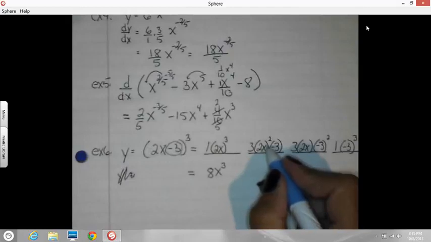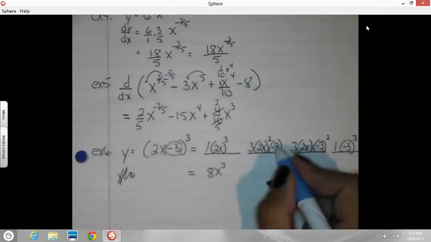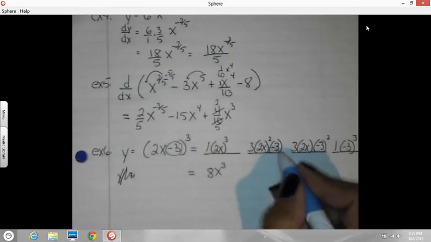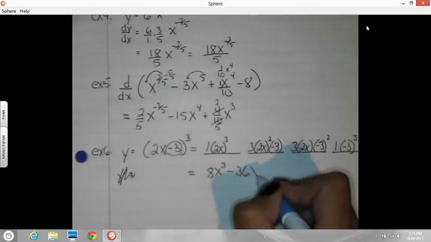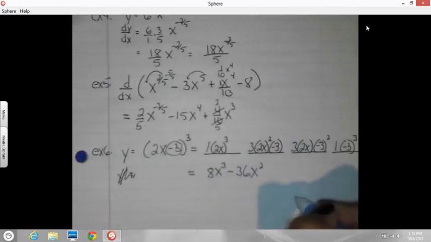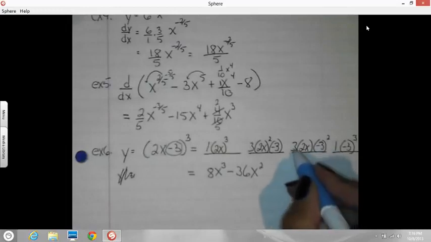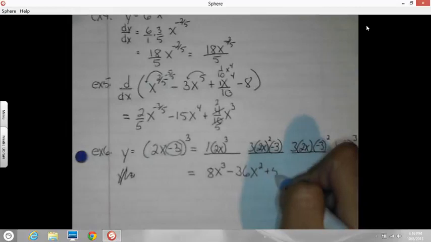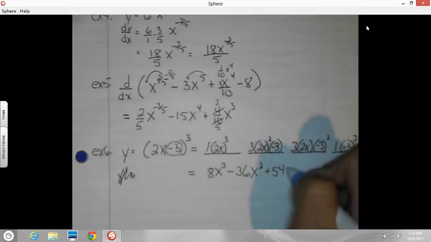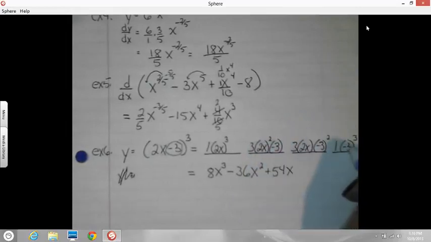Here I'm going to have 2 squared is 4 times a negative 9. 4 times a negative 9 is a negative 36, and that'll be an x squared. Here I'll do the power, that'll be positive 9 times 6. 9 times 6 is positive 54, and there's an x to the 1st in there. And then here, negative 3 cubed is a negative 27.